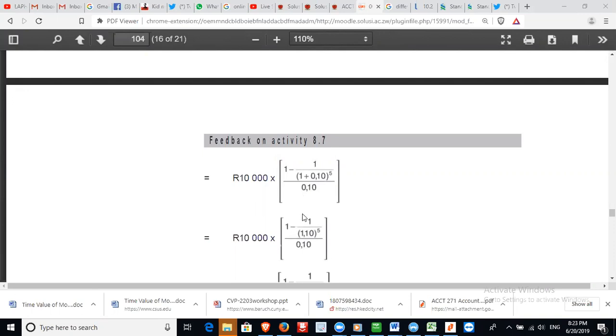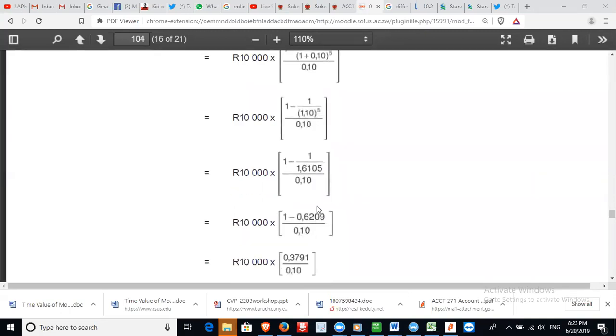Which is 1 minus 1 over 1.1 to the power of 5, divided by that. So you need to calculate first this, together 1 over 1.1 to the power of 5, you get 1.6105.